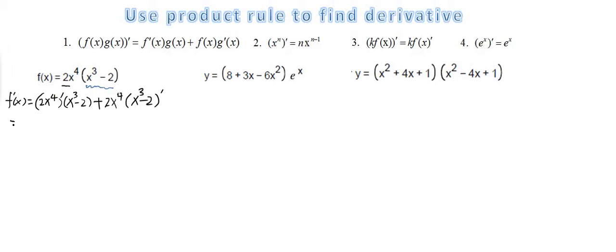Okay, and now we can simplify it. For this function, we're going to apply rule number 3. So we keep the constant the same, and we only take the derivative of the x to the power 4.